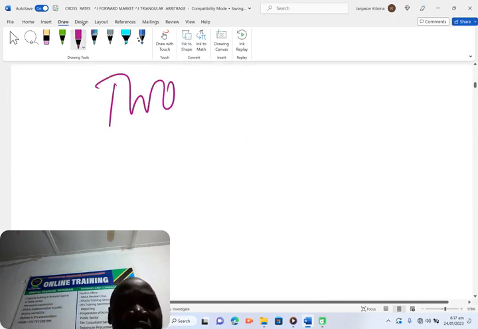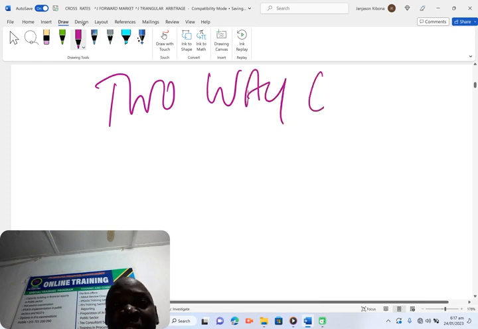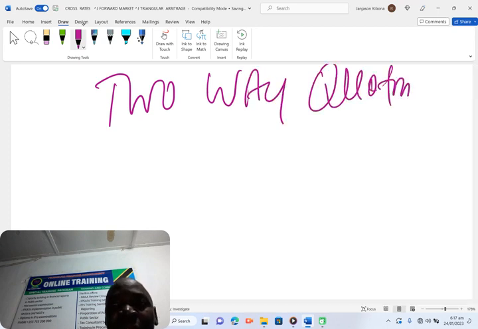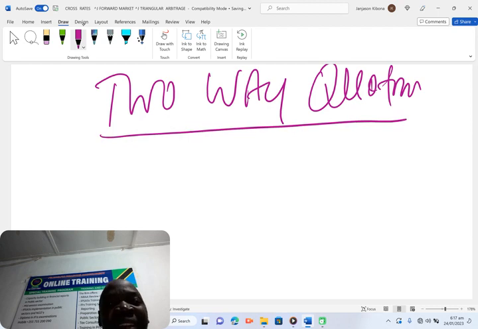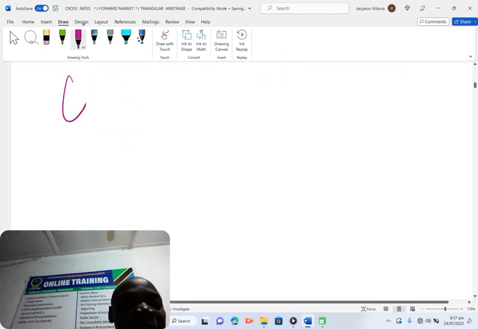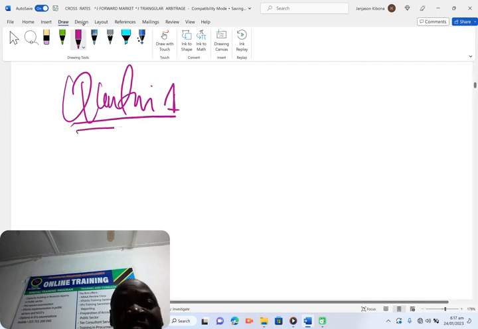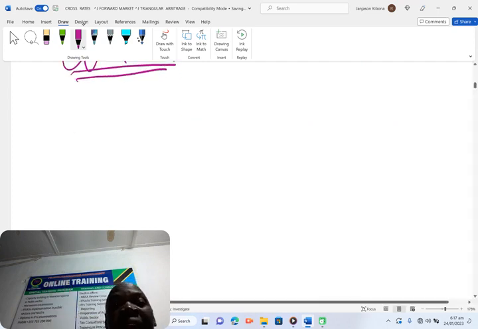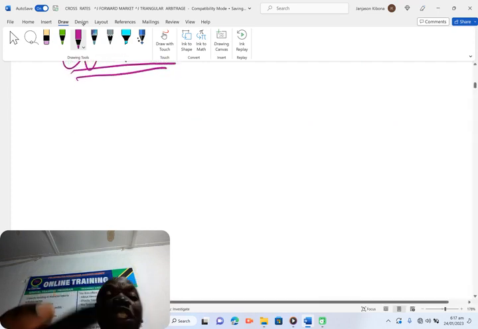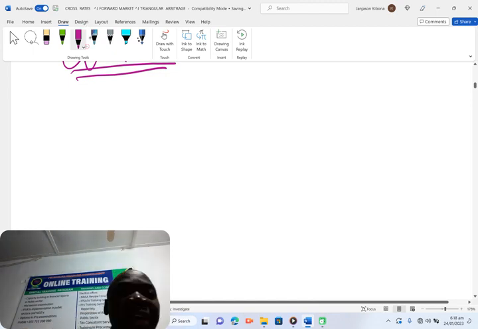Now let's see two-way quotation. Let's see quotation 1, which is very technical, so you might not see it. Assume you have quotation 1 as shown here.